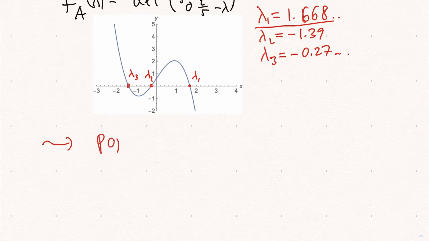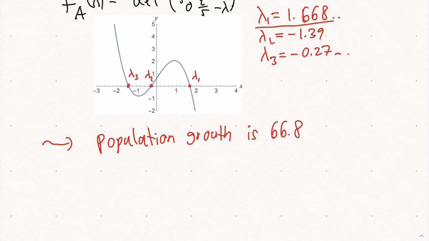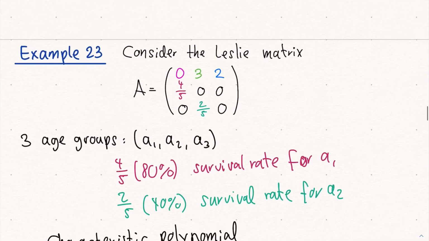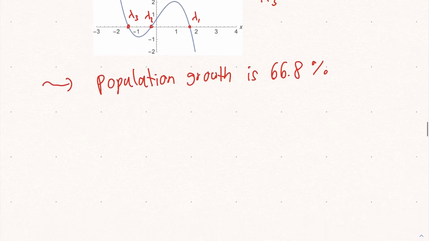So population growth is roughly 66.8%. You could check that if you multiply this with some starting vector, 1, 2, 3, and then multiply by A several times, that in each step the number in each age group is roughly increased by 66%.